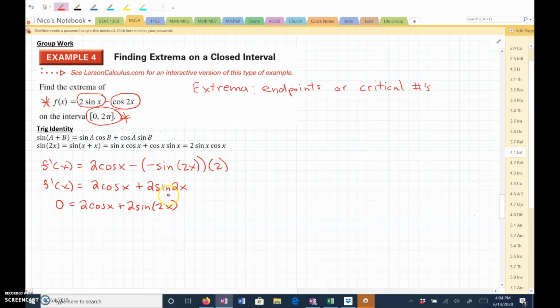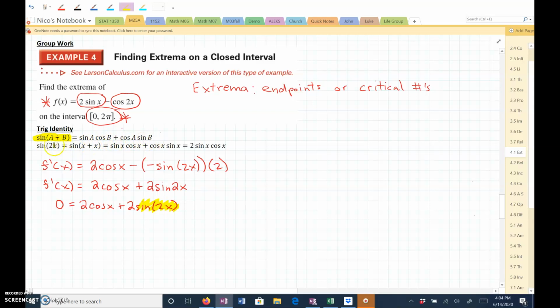Notice this sine of 2x. Hopefully you remember this trig identity, something you should have memorized in trig. Sine of a plus b is equal to sine of a times cosine of b plus cosine of a times sine of b.